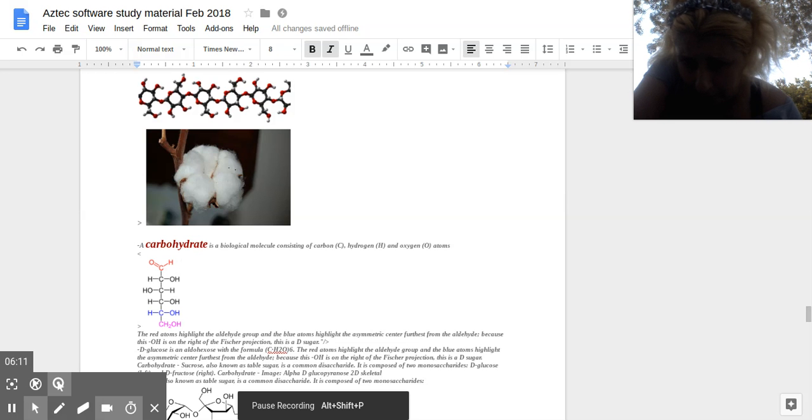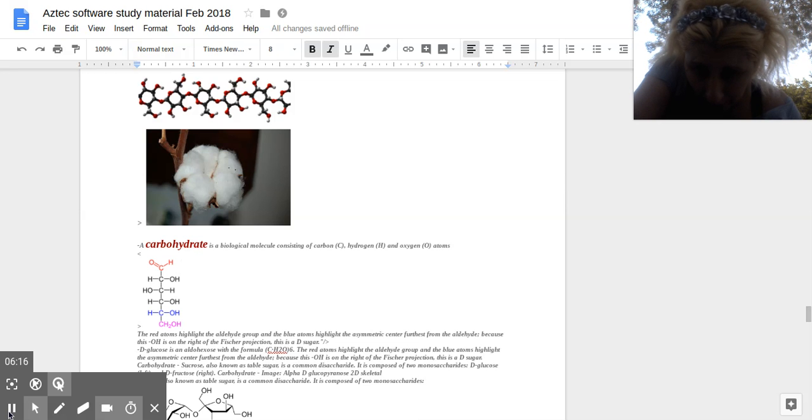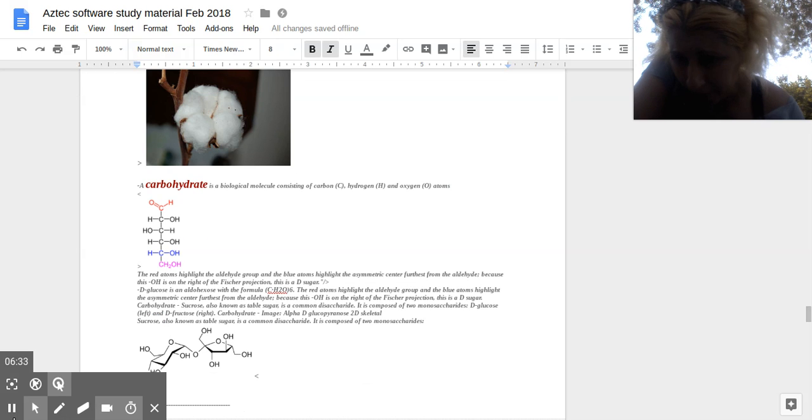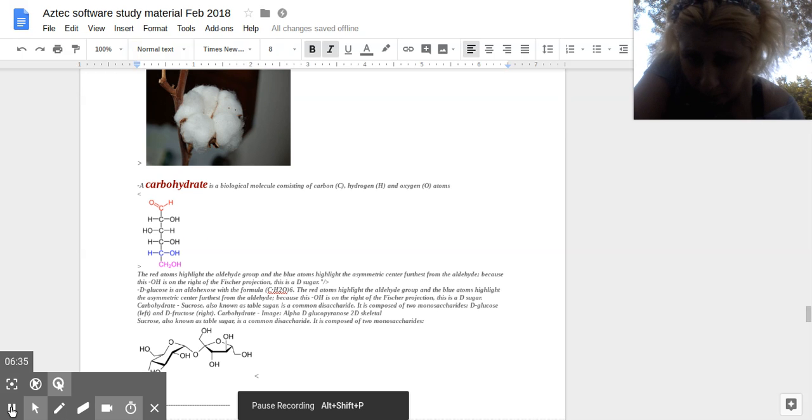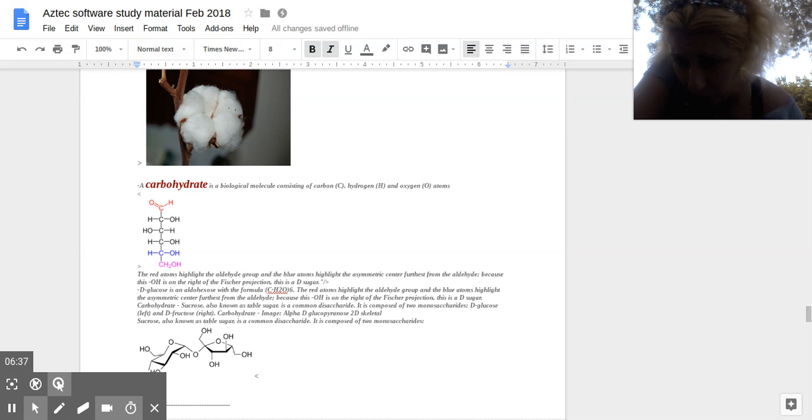The blue atoms highlight the asymmetric center. There's OH on the right. When the hydroxy group is on the right, this is called a D sugar.